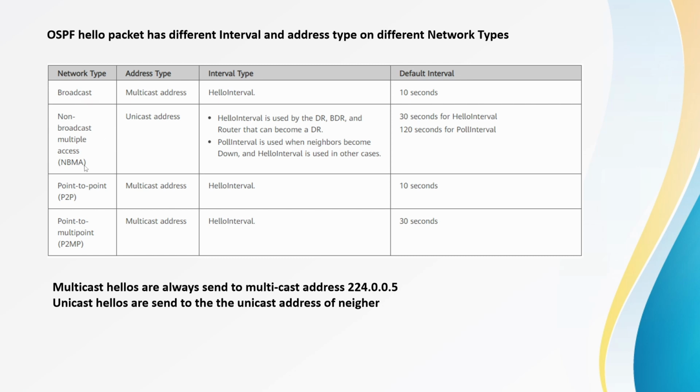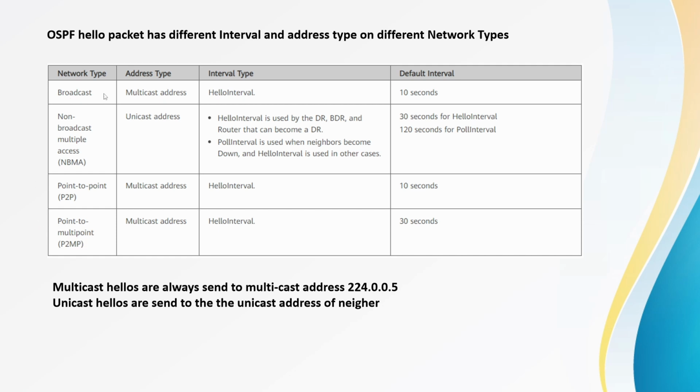Broadcast and point-to-point are the often used network types, since Ethernet is the dominant protocol in modern networks, so broadcast and point-to-point are really popular. Non-broadcast multi-access and point-to-multipoint are not often used.